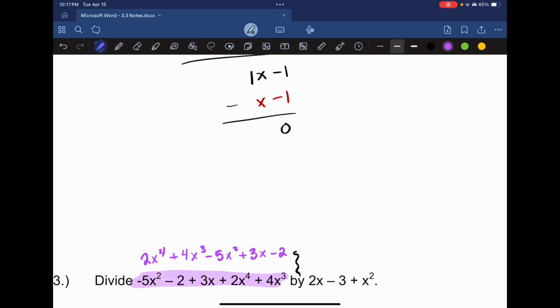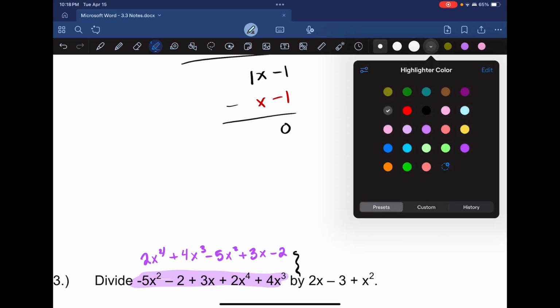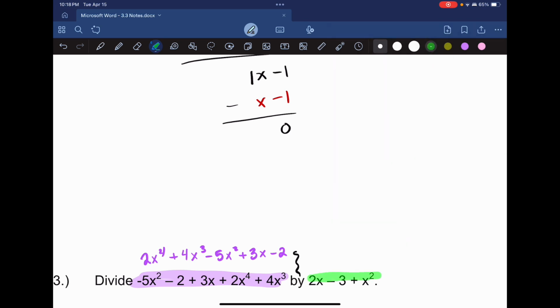Okay, so that's how we would need to rewrite that. And then my binomial also needs to be written in standard form. Okay, so we would rewrite this one, x squared plus 2x minus 3. Now you're ready to divide. Go ahead and pause my video and practice your long division.